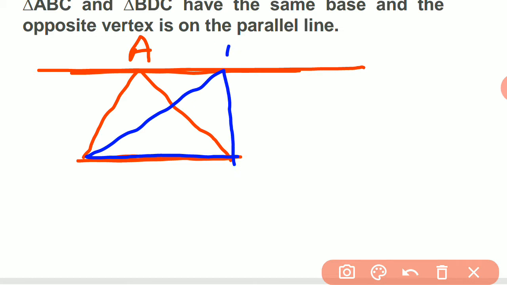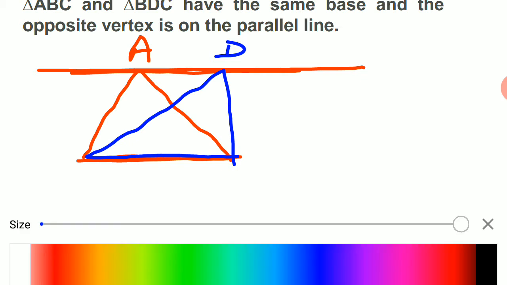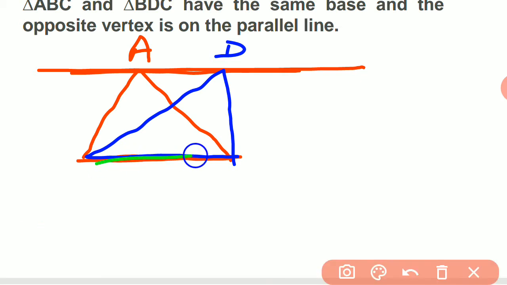Suppose this vertex is D, and suppose this is a third triangle on the same base. Then the area of all the triangles will be the same.